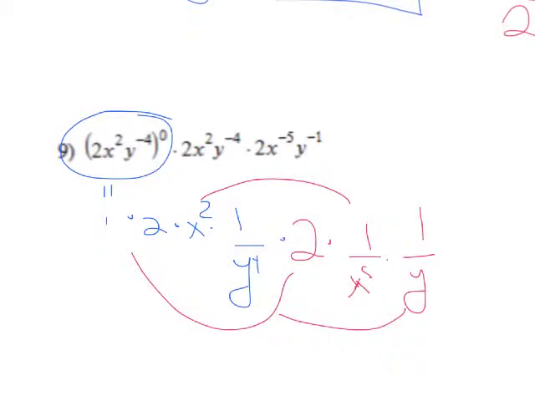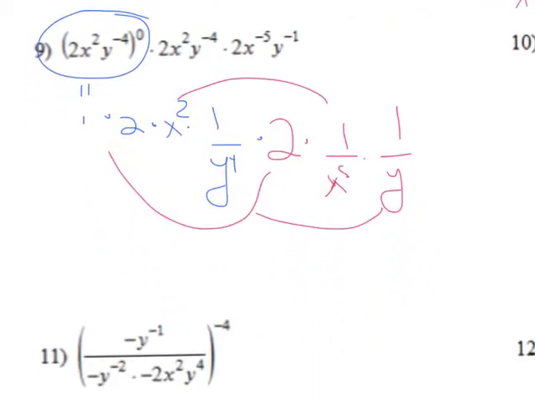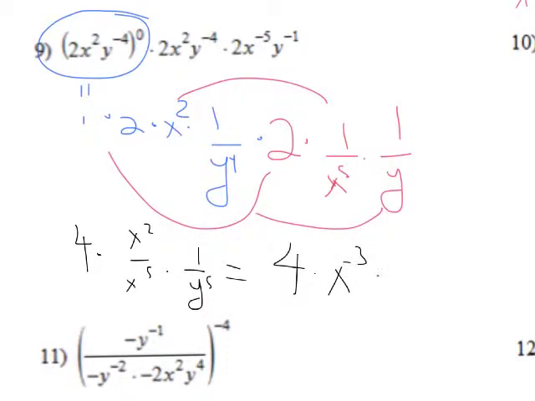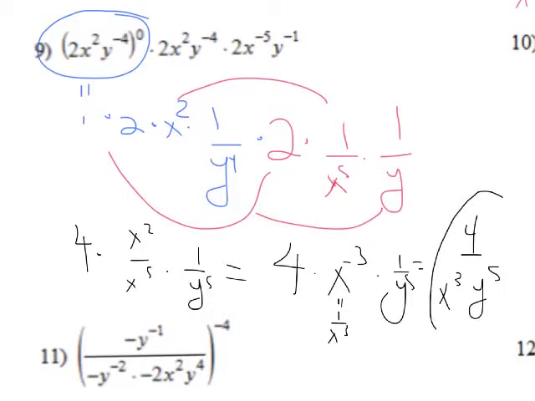So I've got 4 times x squared over x to the 5th times 1 over y to the 5th, which is 4 times x to the negative 3rd times 1 over y to the 5th. This is 1 over x to the 3rd. So I've got 4 over x to the 3rd y to the 5th.